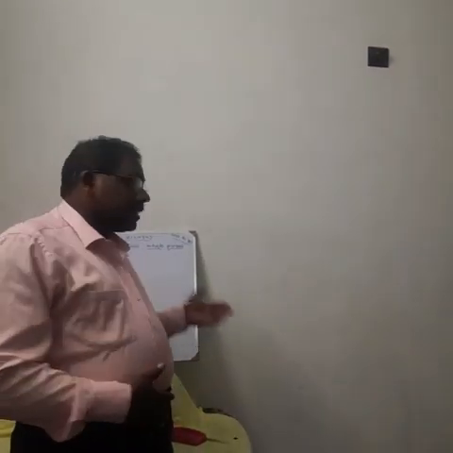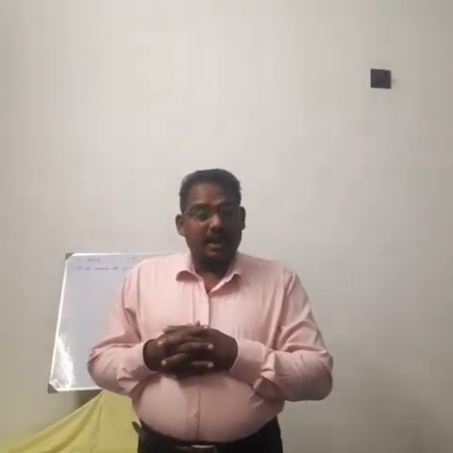Our today's learning objective is to learn about balancing of redox reactions. In the previous video, we learned about oxidation and reduction. Now we are going to learn how to balance the redox reaction.